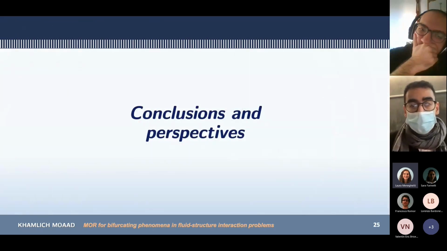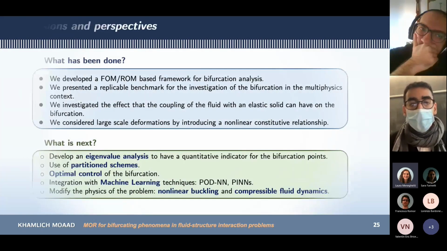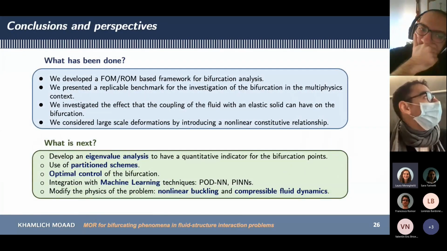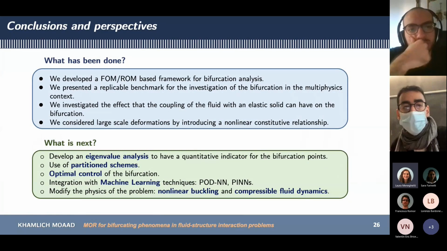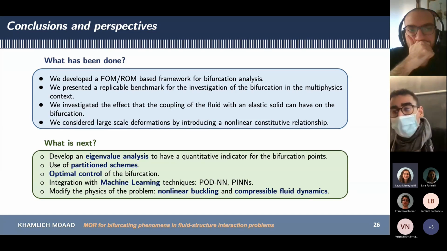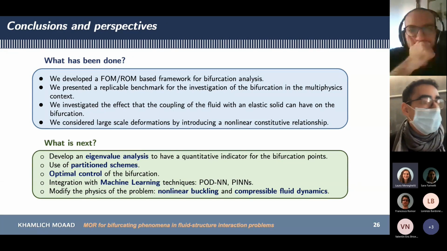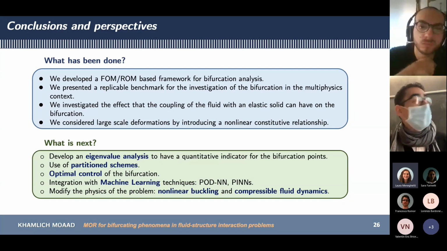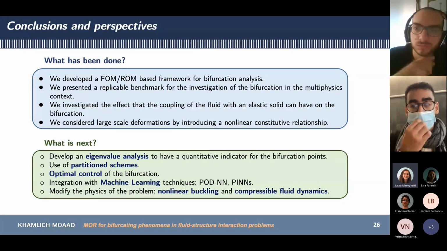So, as a conclusion, the main contribution of this work was to study, for the first time, or at least to our knowledge, the bifurcation due to the Coanda effect in a multi-physics context. This was done in order to understand the effect that the structure may have on the bifurcation.